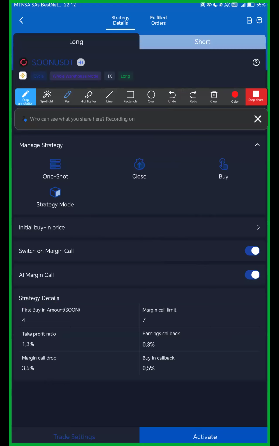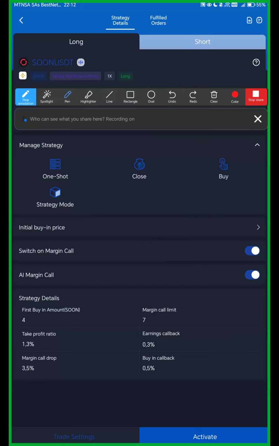Once the robot has purchased, it has picked that signal. If you are somebody who trades futures with margin calls, then you can transfer money from spot to futures for your margin calls.